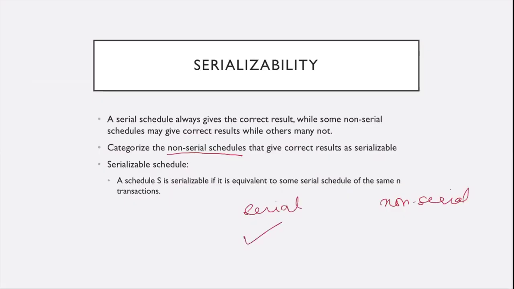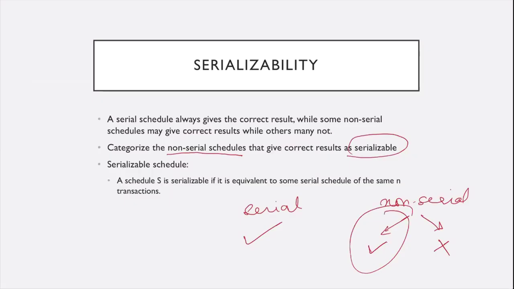Serial always gives the correct answer. Non-serial schedules, some of them may give the correct answer, some of them may give the wrong answer. So we are going to categorize these non-serial schedules which give us the correct answer, and we are going to call them serializable schedules.